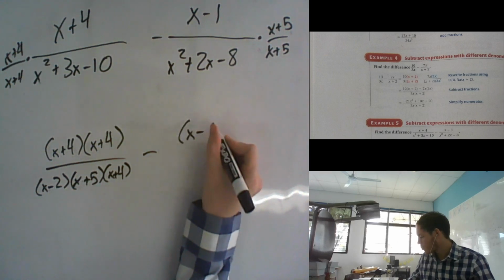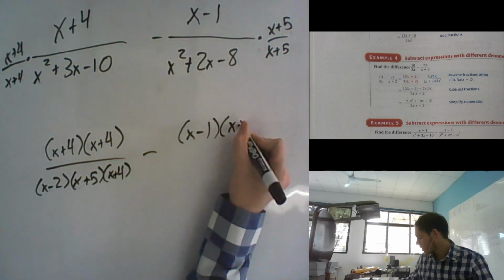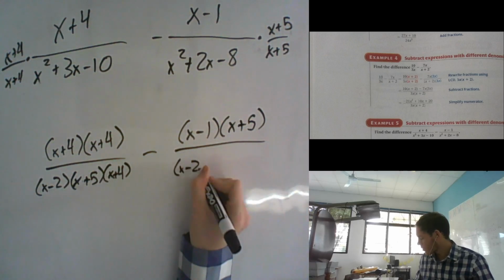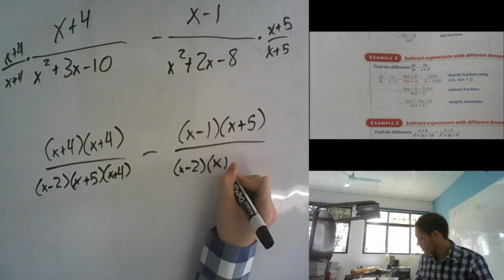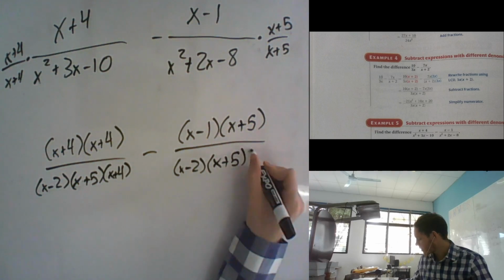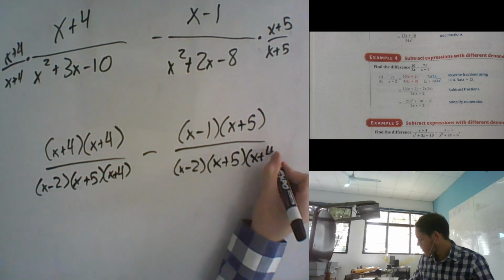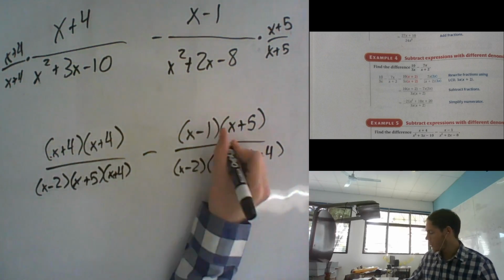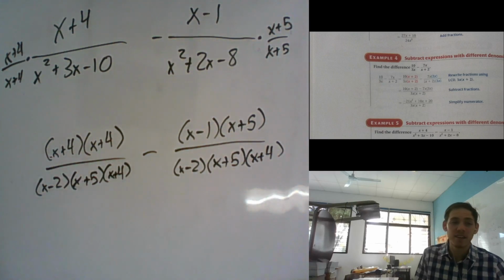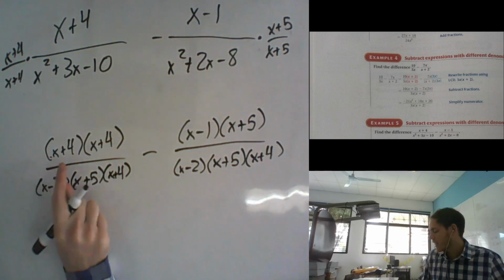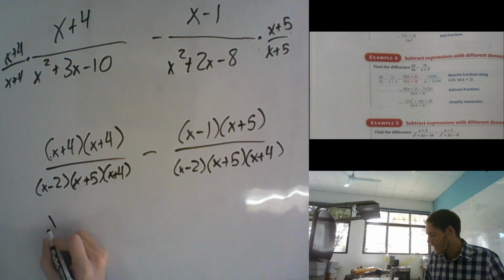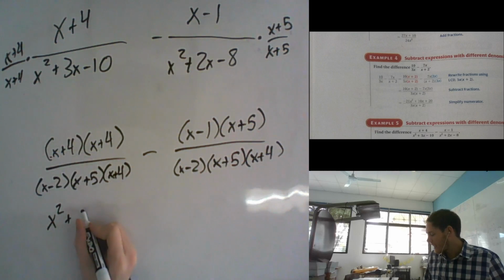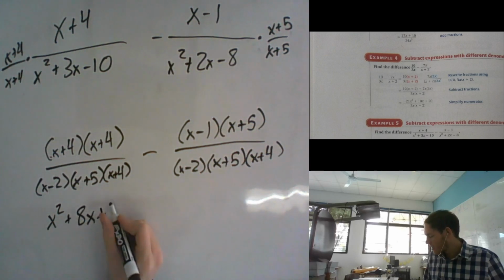This is x minus 1 times x plus 5 over x minus 2, x plus 5, x plus 4. So first step is to multiply these two, and then combine them. It's x plus 4 times x plus 4 is x squared plus 8x plus 16.